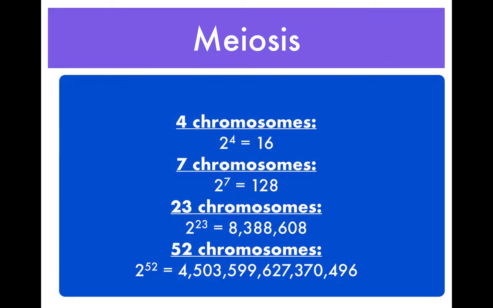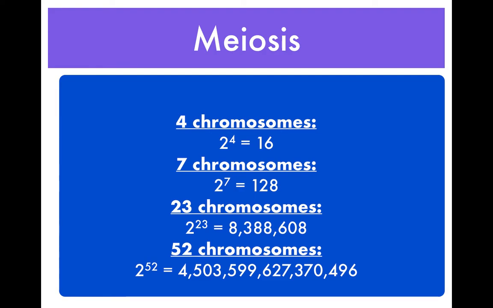So if an organism had 4 chromosomes, 2 to the 4th power is equal to 16. So if you have 4 chromosomes, that organism can make 16 different gametes. If an organism, like a pea plant, had 7 chromosomes, that organism can make 128 possible gametes.